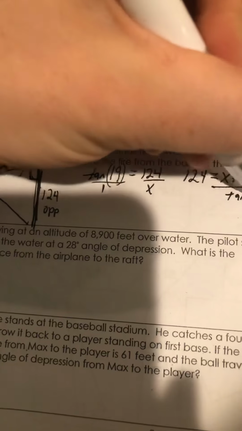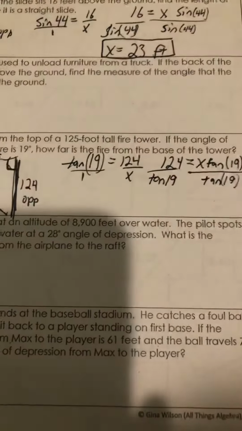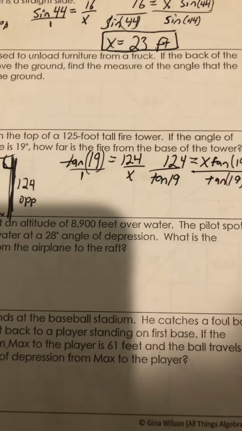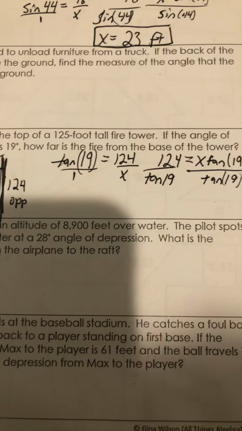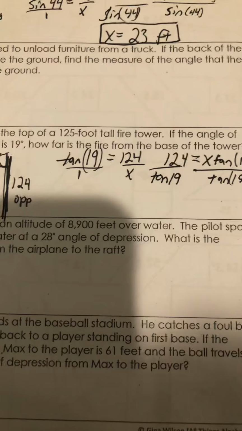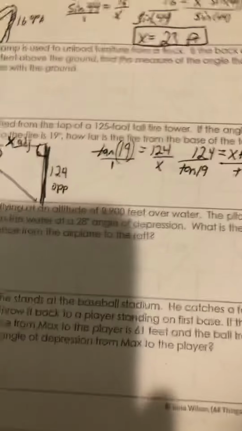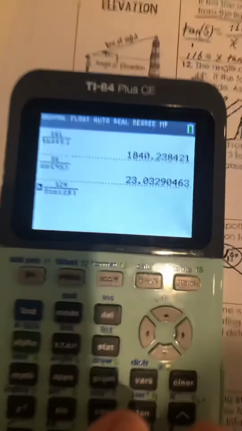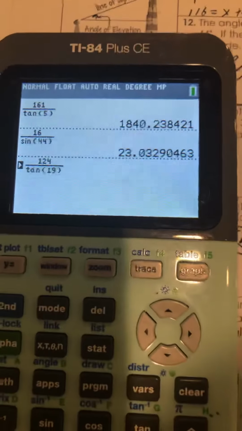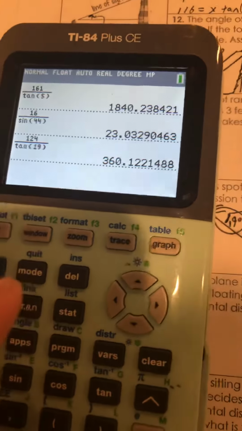Divide by tan 19, and that's what we type in the calculator. So I've got my 125 over tan 19, and I get 360.1 feet.